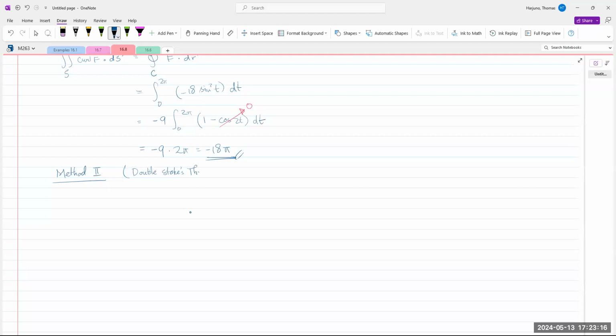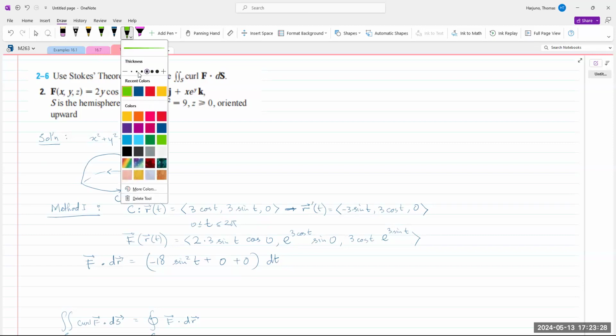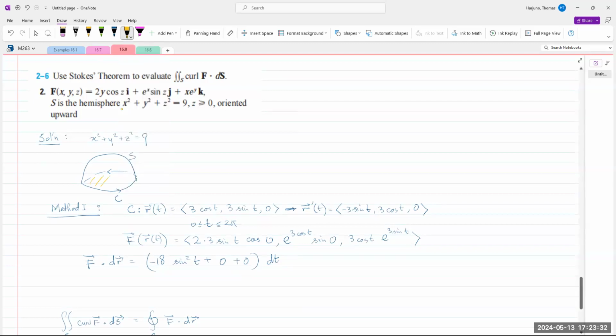theorem. So you apply that where you notice that the boundary of surface S, which is C there, is actually the same boundary for this surface.